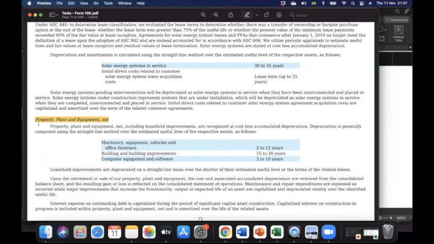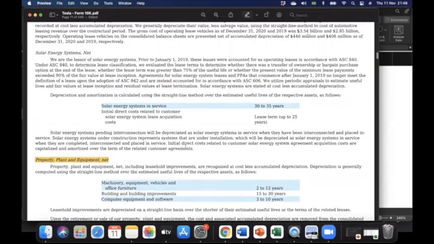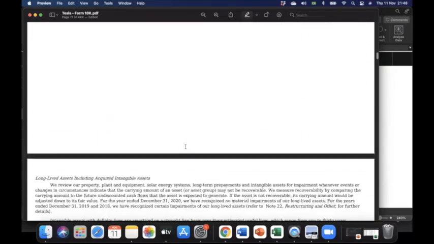So, for example, in terms of PPE, property, plant, and equipment, they depreciate machinery, equipment, vehicles, and office furniture between 2 and 12 years. Building and building improvements from 15 to 30 years, computer and software from 3 to 10 years. They disclose some of the accounting policies that they use.